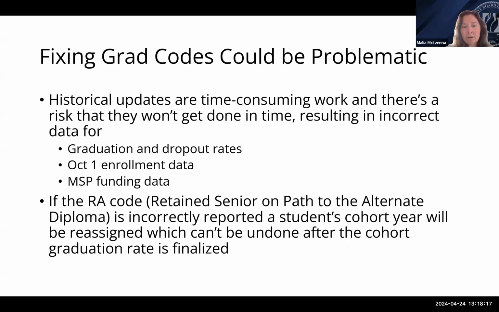And then also if the RA code is incorrectly reported, those are students on retained seniors on path to the alternate diploma, we reassign that student's cohort year. And once we're done calculating a cohort graduation rate and it's finalized, we can't go back and undo the reassignment of the cohort year. So we want to just really make sure that those are reported accurately.